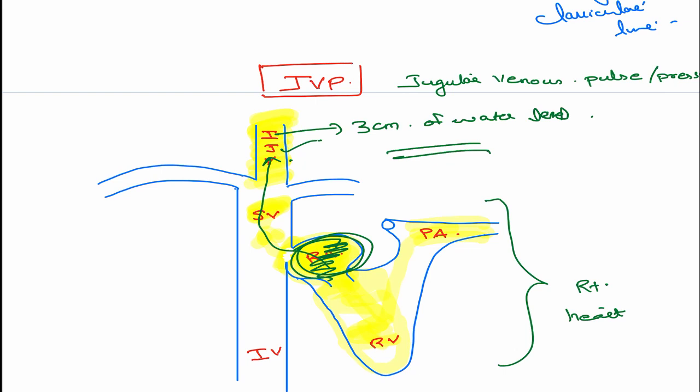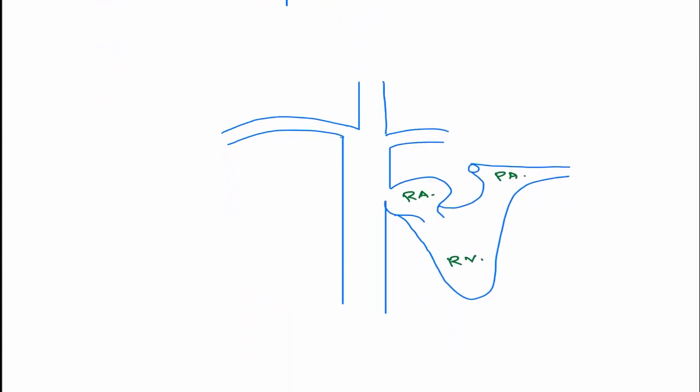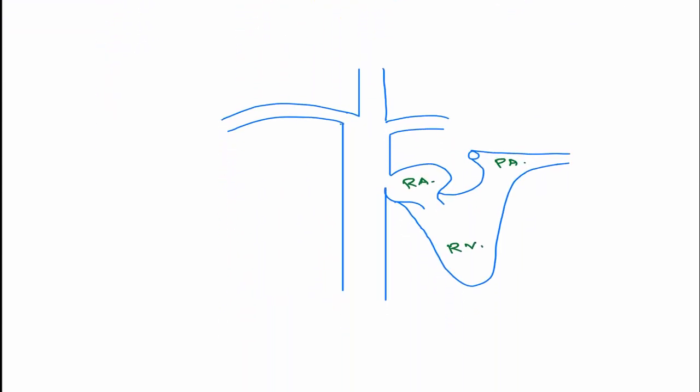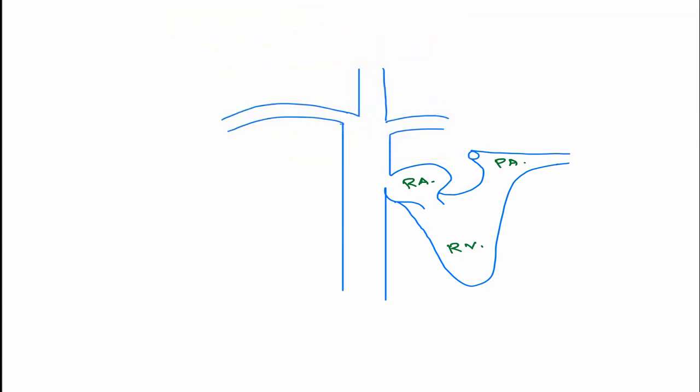So let us see the basic physiology behind the JVP, or jugular venous pulse and pressures, and how the waveform is seen. Basically it describes the right heart. Initially the right atrium contracts, and when it contracts, the blood flows into the right ventricle.